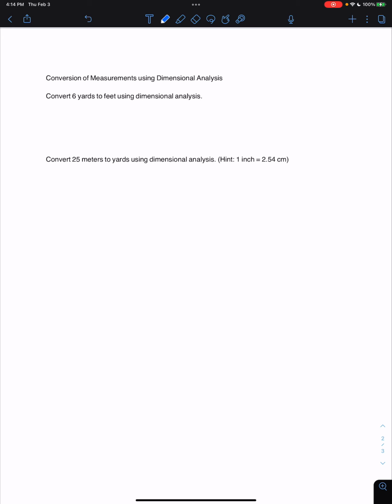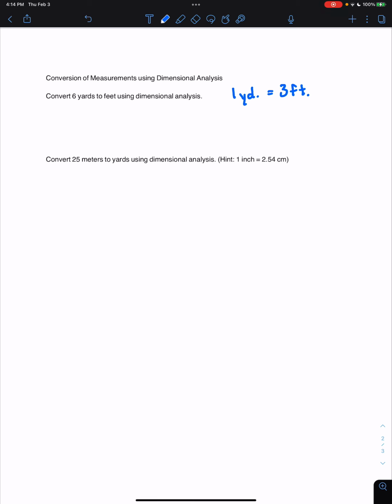So I'm using the same problem here. I want to convert 6 yards to feet using dimensional analysis. So our conversion equality here is 1 yard is equal to 3 feet.